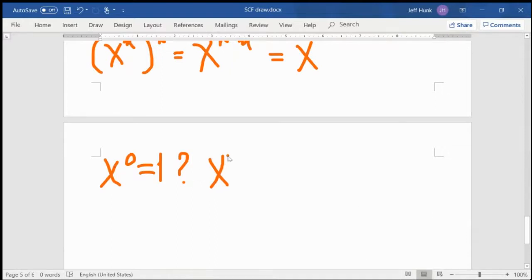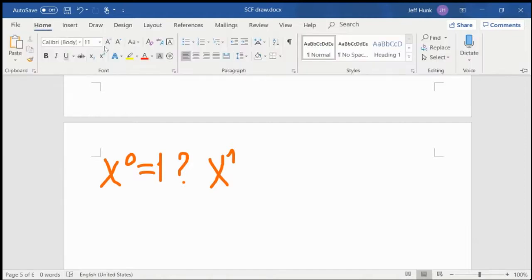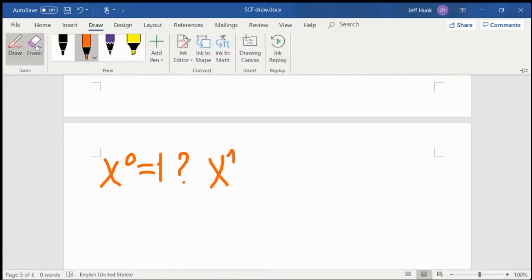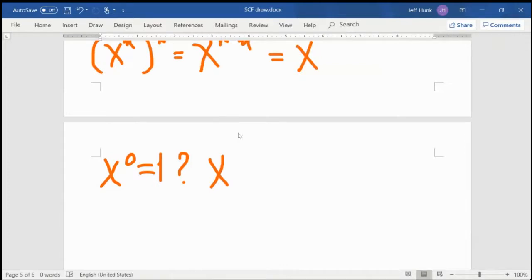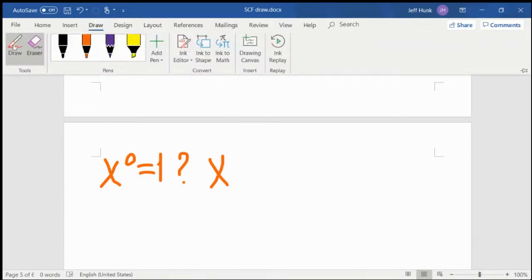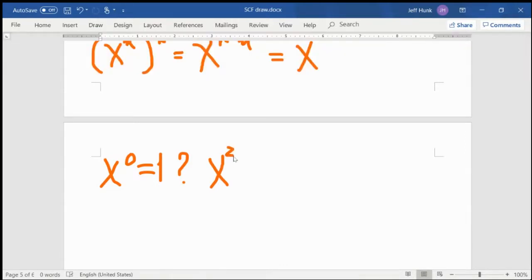So suppose you have x squared, then times x to the negative 2.